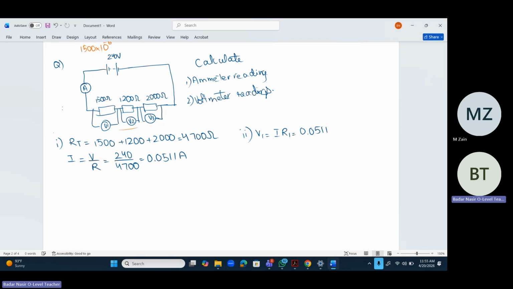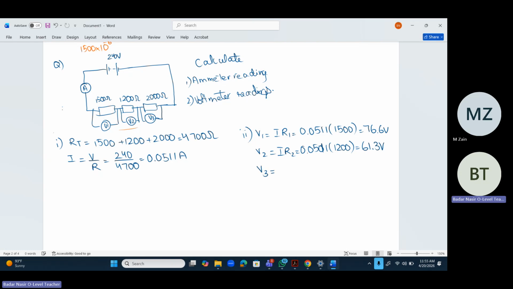Current is this, and its resistance is 1500. That gives 76.6, then 1,200 gives 61.3 volts.